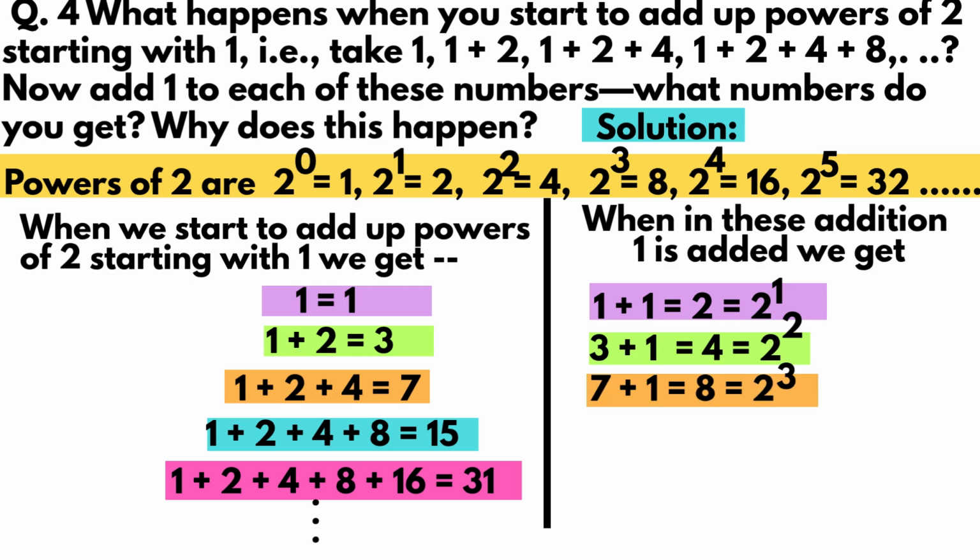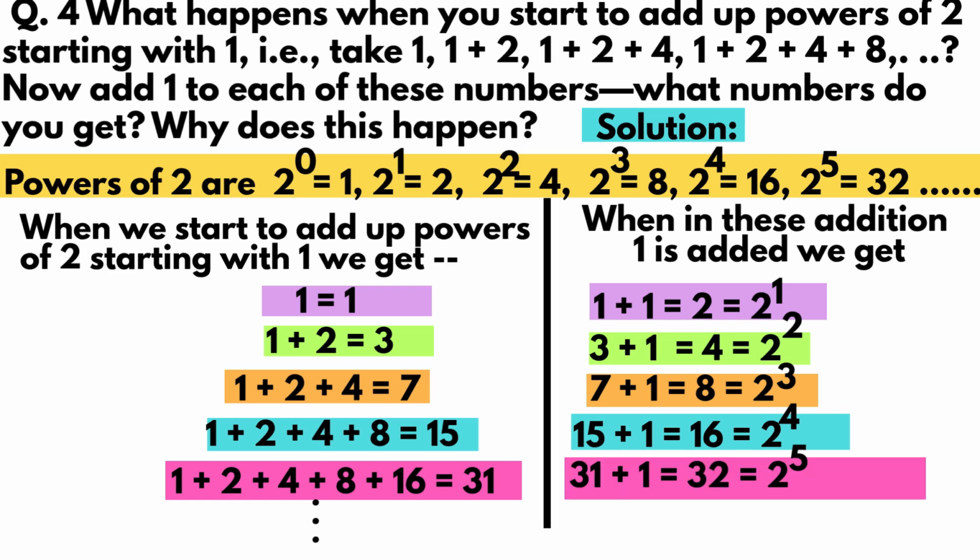When 1 is added to 7, we get 8, which is equal to 2 raised to 3. When 1 is added to 15, we get 16, which is 2 raised to 4. When 1 is added to 31, we get 32, which is equal to 2 raised to 5, and so on.